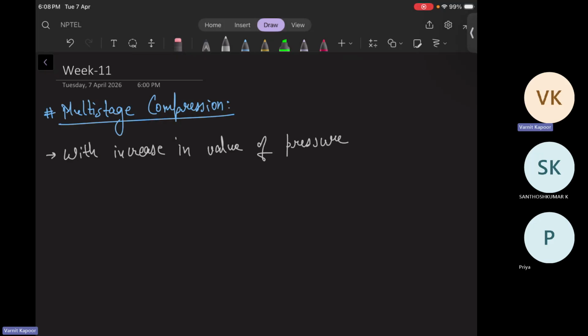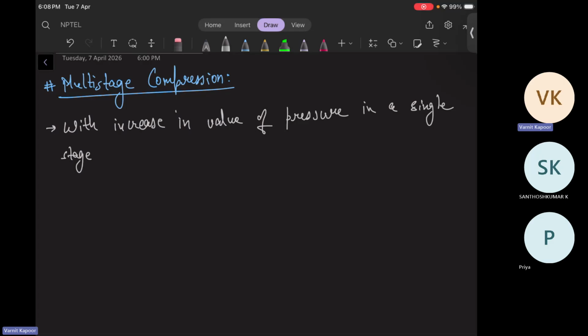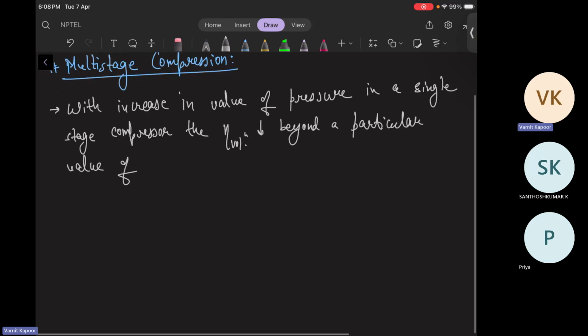With the increase in value of pressure in a single stage compressor, the volumetric efficiency decreases beyond a particular value of pressure ratio.